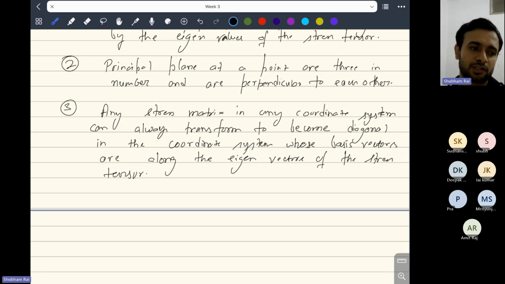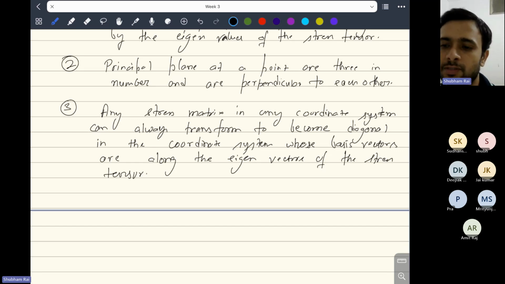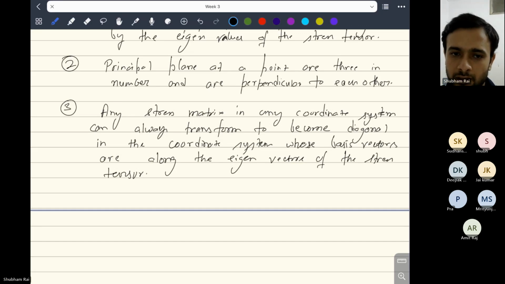So from any coordinate system, you can go to the principal coordinate system, or a coordinate system in which the stress matrix has only non-zero diagonal elements, and the basis of that coordinate system will be along the eigenvectors of the stress tensor.